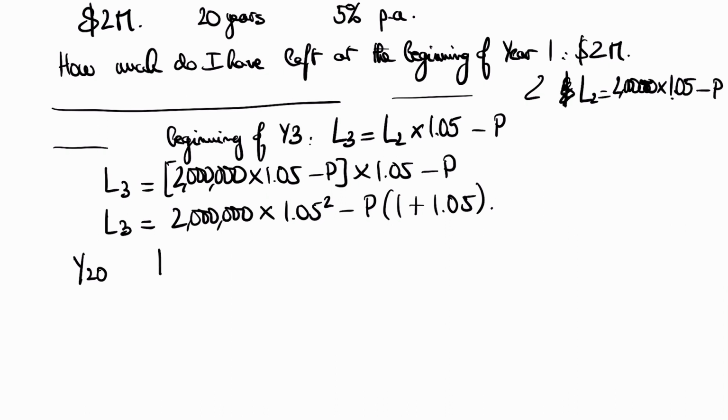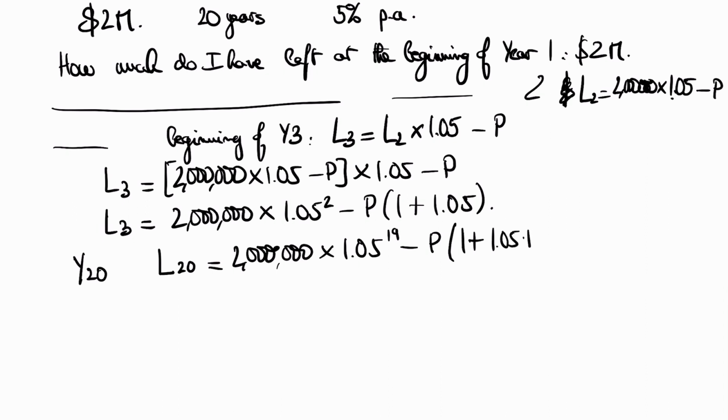Well, I have L20, which is 2 million times 1.05 to the power of 19 minus P times (1 plus 1.05 plus dot dot dot, and this time it's going to be 1.05 to the power of 18).